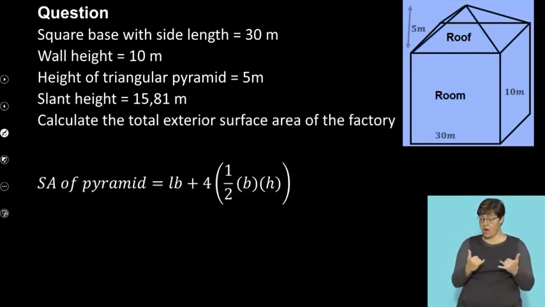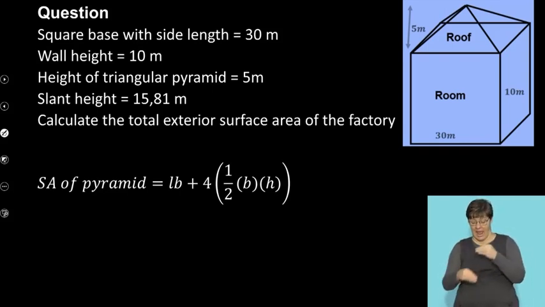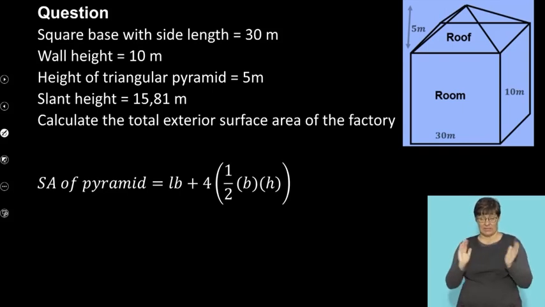So we now need to calculate the total exterior surface area of the factory. So how I'm going to do that is I first need to calculate the surface area of the pyramid, and then I'm going to add that to the rest of the surface area of the factory. But if I'm looking at the surface area of a pyramid, traditionally we would say the base added together with all of the 4 triangles that make it up.